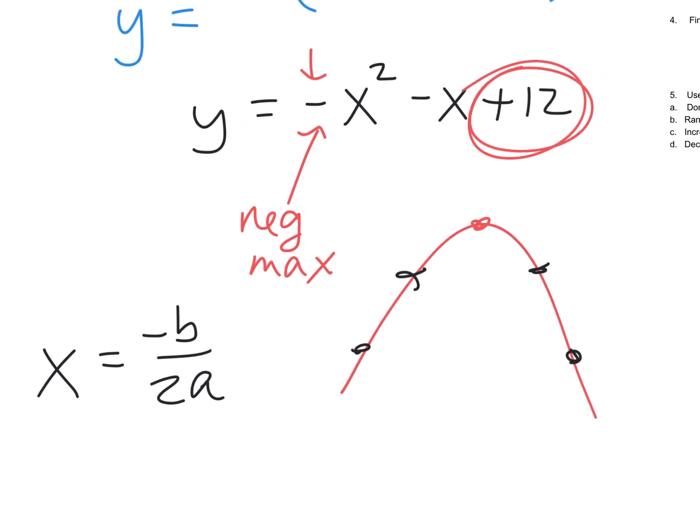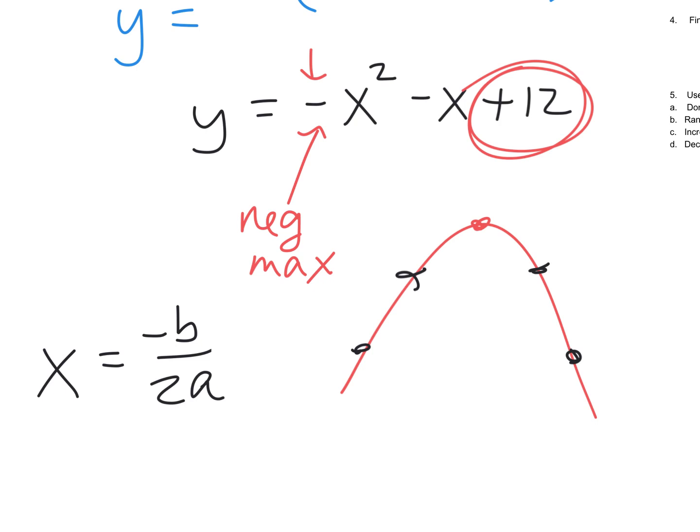Would everybody please take a second and try to figure out what's -b divided by 2 times a? That forces you to know what's a and what's b. Ian, what is A and what is B and what is C?